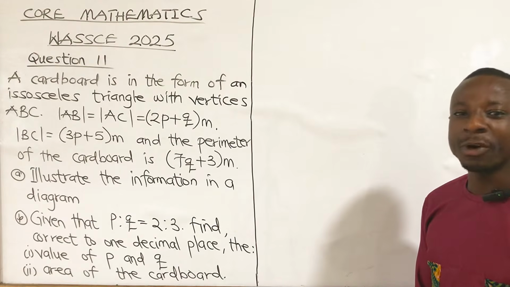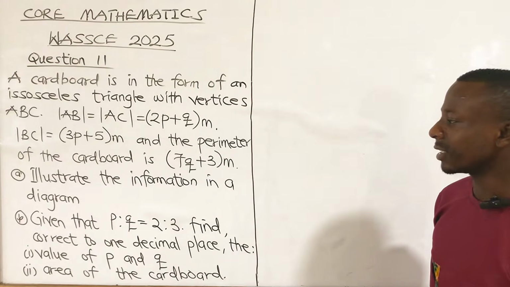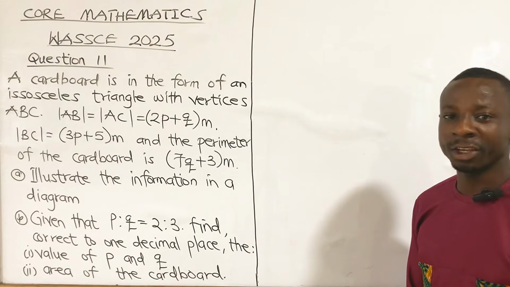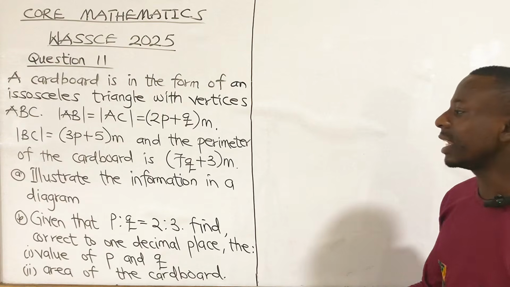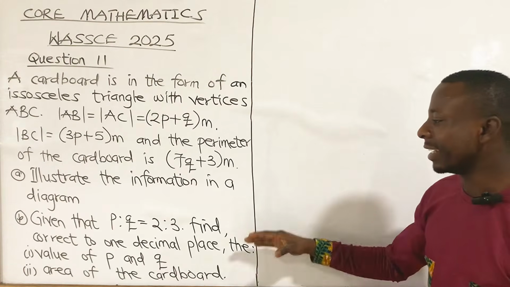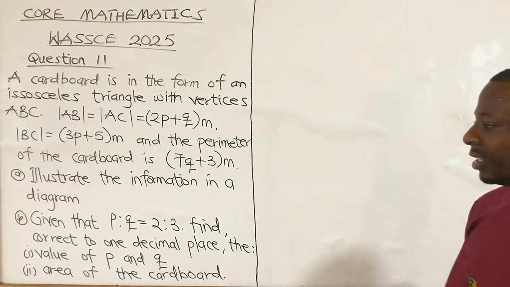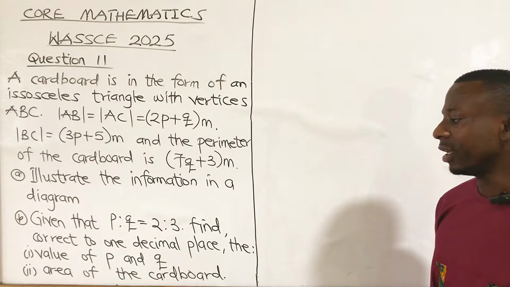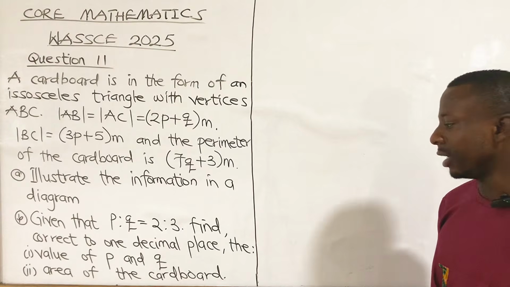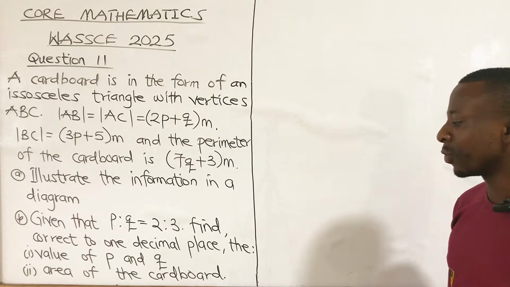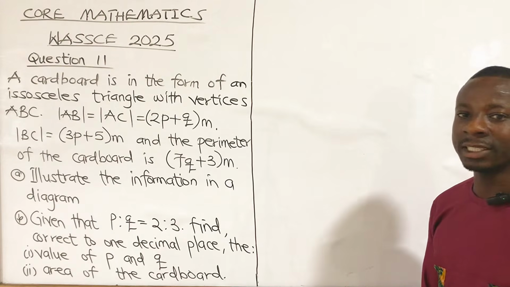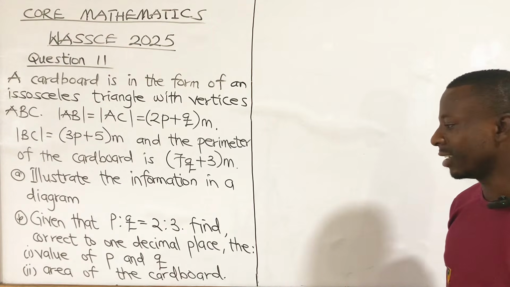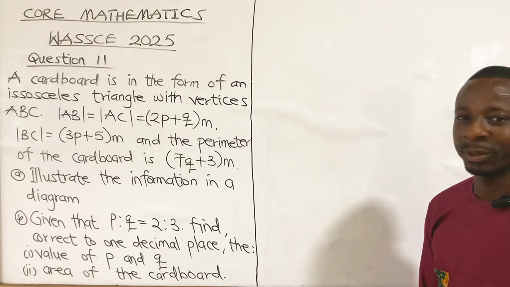And the perimeter of the cardboard is 7q plus 3 meters. Illustrate the information in a diagram, and given that p is to q equal to 2 is to 3, find, correct to one decimal place, the values of p and q, and again the area of the cardboard.